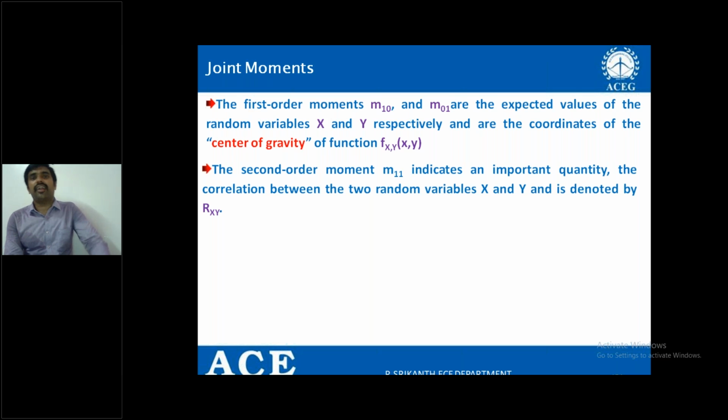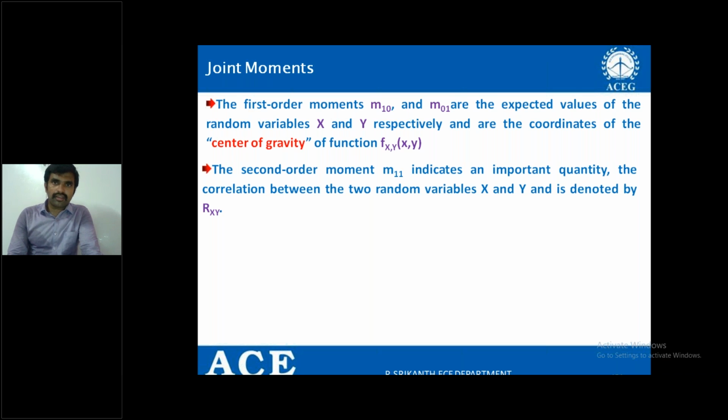And the second order moment m11 indicates an important quantity, as I said, the correlation between the two random variables x and y, and is denoted by rxy. So what is that m11? M11 is nothing but the correlation between the two random variables, and we'll denote it with rxy.